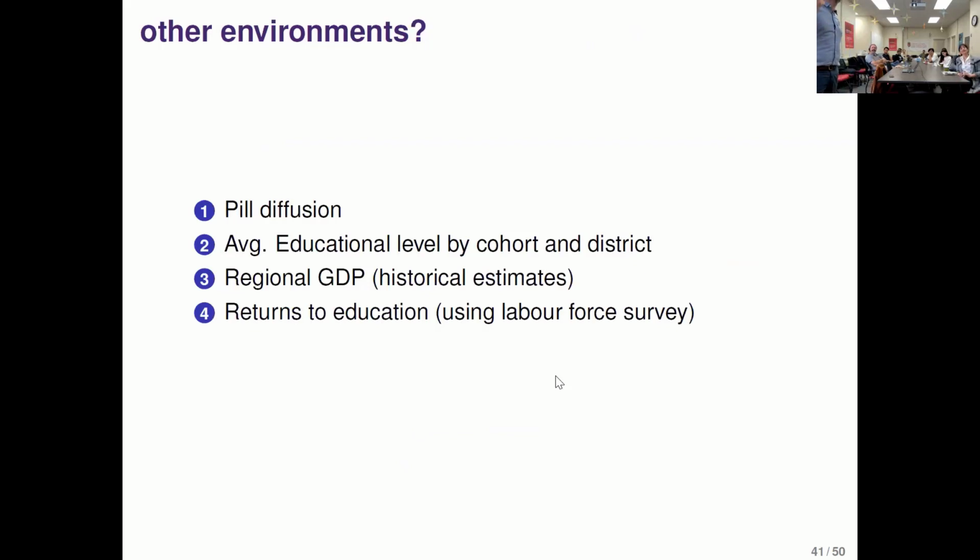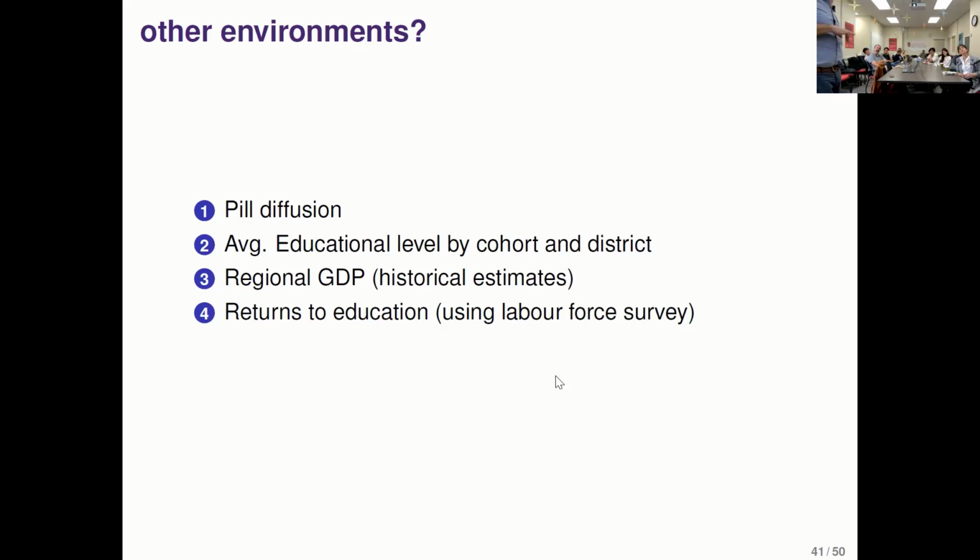So we are trying three other different variables. We estimated some sort of average educational level by cohort and district in the same way we did with the pill. We also got some regional estimate of GDP, at the county or district level.